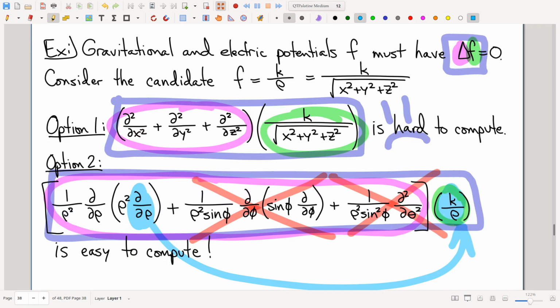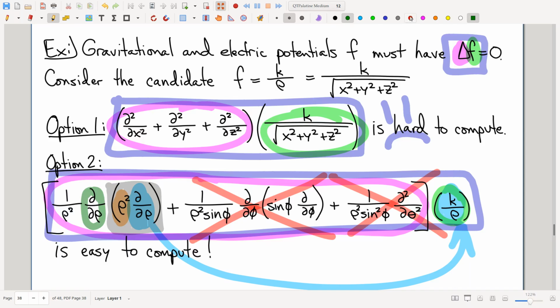The rho partial of constant over rho, it's going to be like there's a minus sign or something. Some constant over rho squared. Right? Okay. Constant over rho squared times rho squared gives me constant. So this thing right here is a great big constant, and very conveniently, whatever kind of a derivative you're taking of a constant, 0.